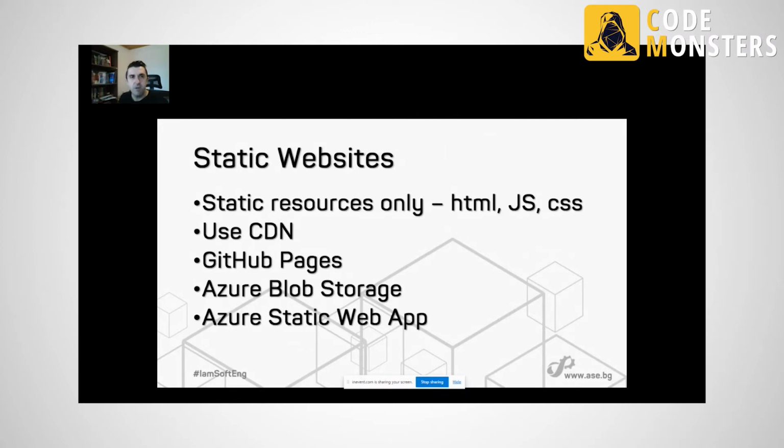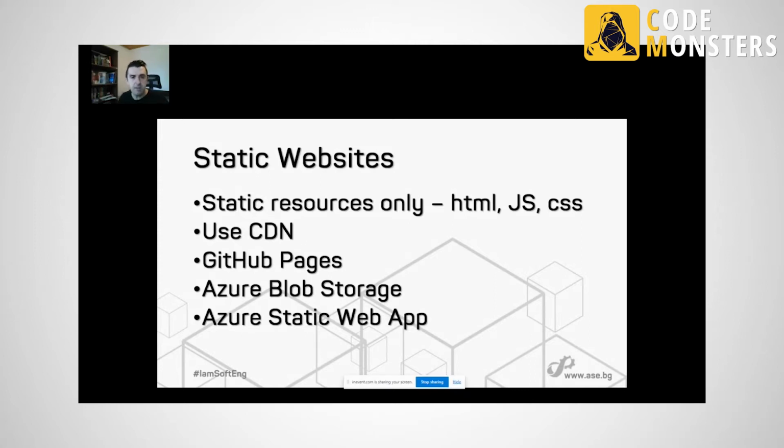And with the help of a global delivery network, our content can be much closer to the end users, and this way can be delivered much faster. Some examples of global platforms for hosting static websites are GitHub Pages, Azure Blob Storage, and Azure Static Web App, which we are going to see now.